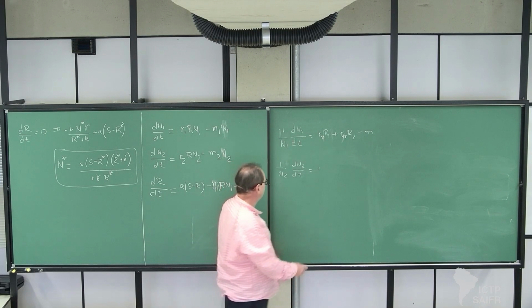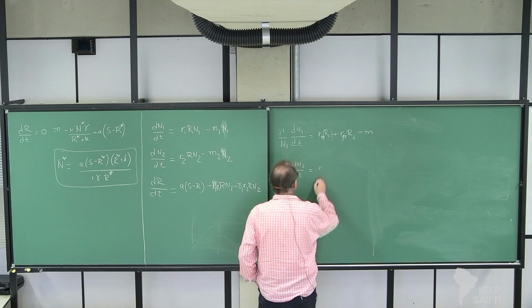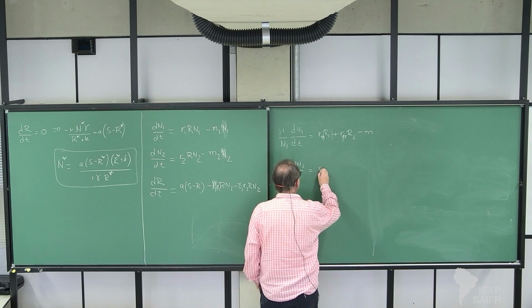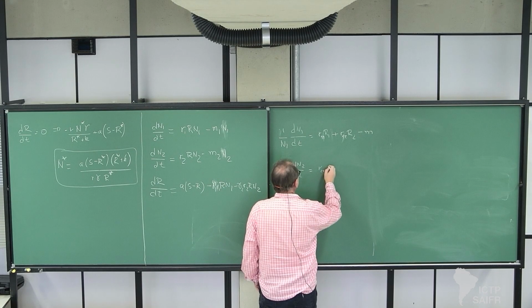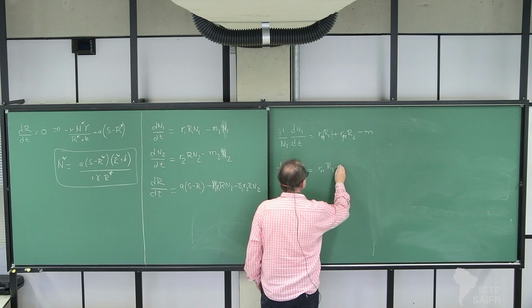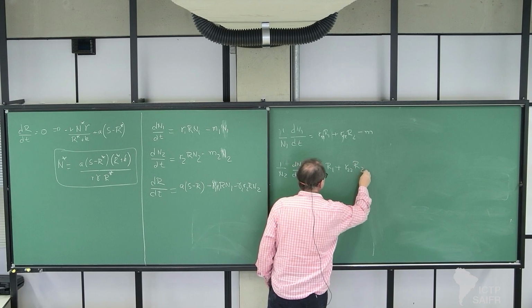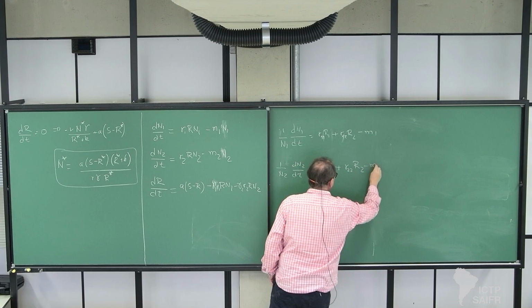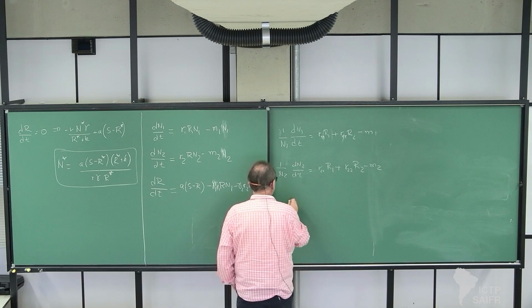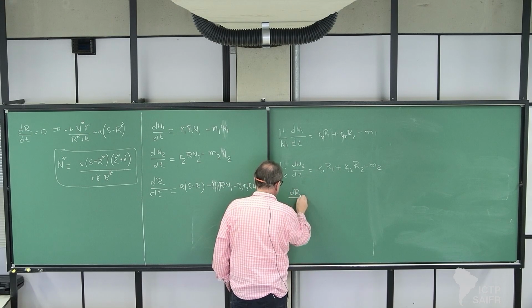And here goes the same thing: R2 1 R1 plus R2 2 R2 minus M2, and then you have the resource dynamics for 1.